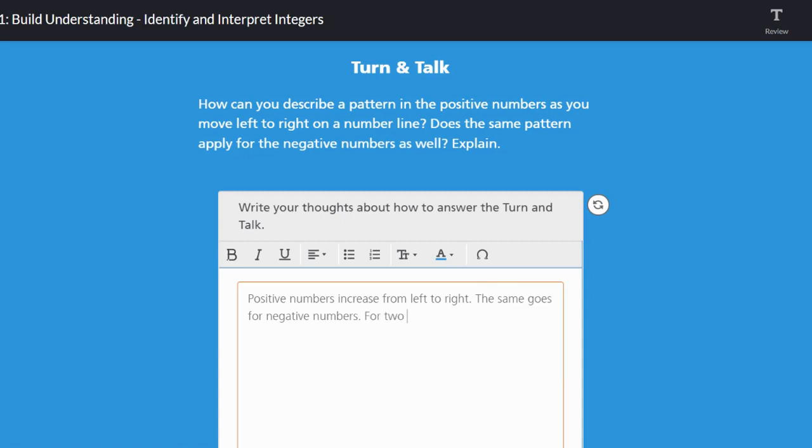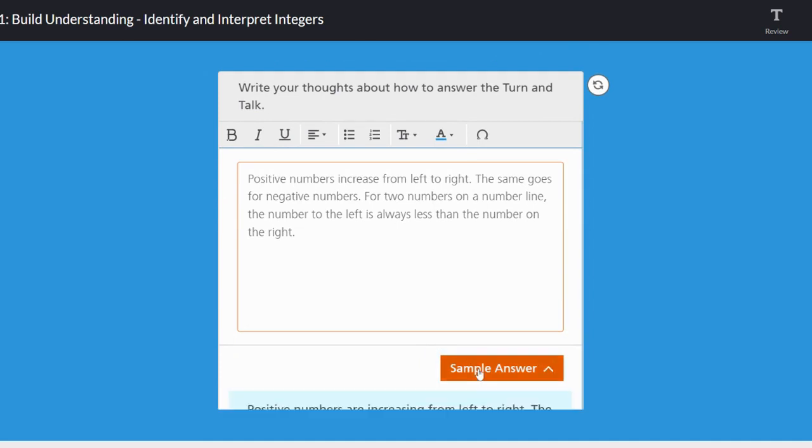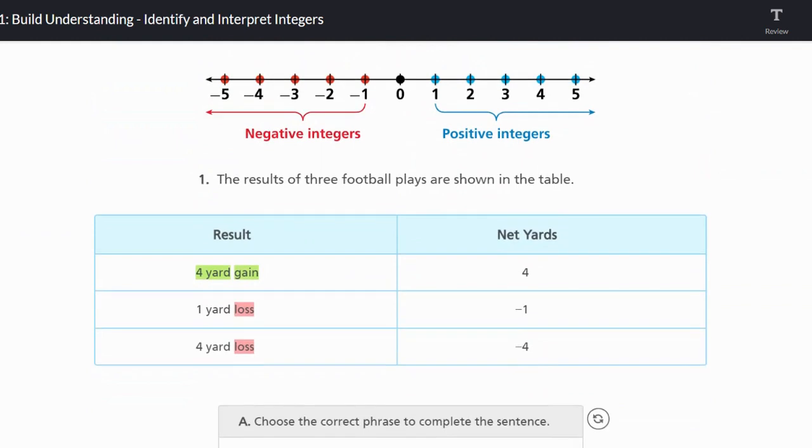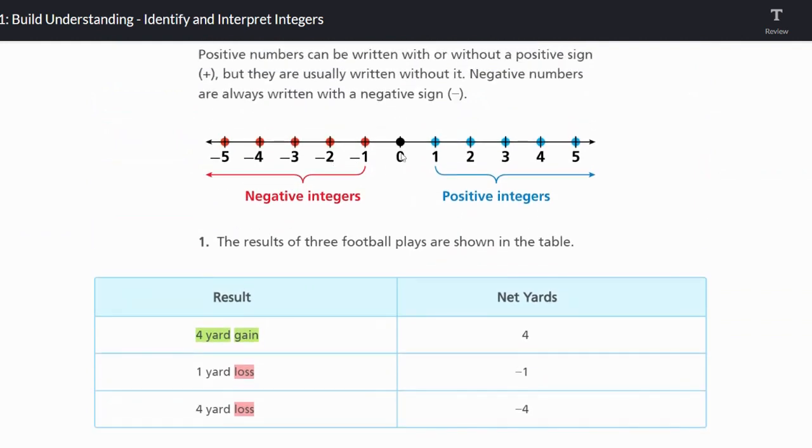For 2 numbers on a number line, the number to the left is always less than the number on the right. This should make sense because if we look here, 0 is less than 1, less than 2, less than 3, less than 4, less than 5.